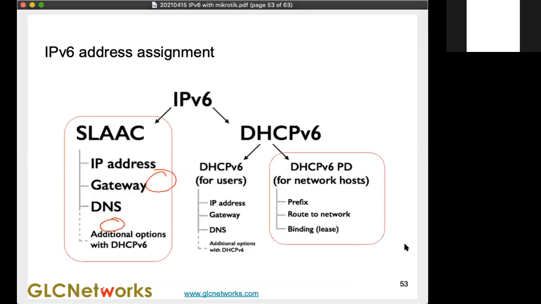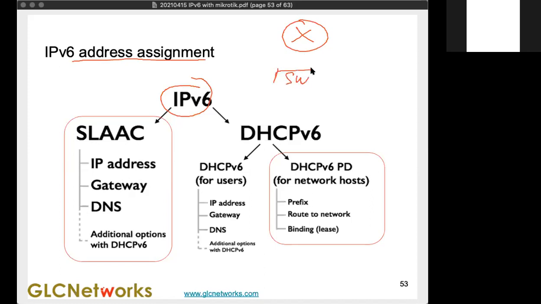Now the IP address assignment. This is quite interesting. IPv6 actually works with two types of address assignment. So this is your IPv6 router, and then this is the switch, connected to here, and then here are your clients. A simple network, correct?